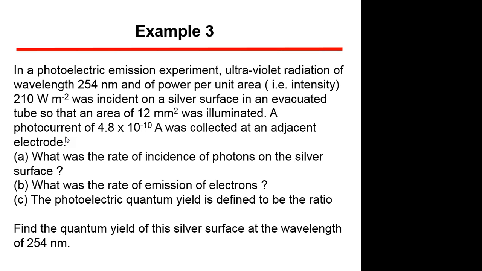It's a current due to light shining on the metal and producing electrons. It's the current due to the photoelectrons that are produced by light. Okay? Good. So now the question is this.